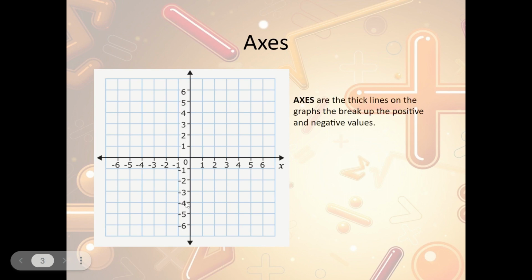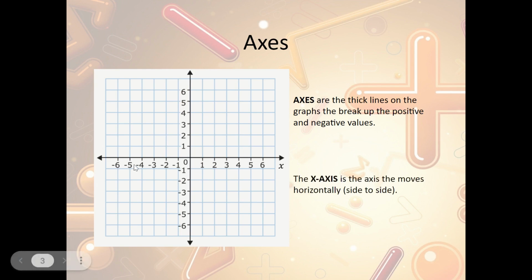The axes are the thick lines that break up the positive and negative values. Our x values go this direction, with positives on this side and negatives on this side. They're broken up by this line that represents the negative y's and the positive y's. So they break up each other and create positives and negatives in each of these boxes.